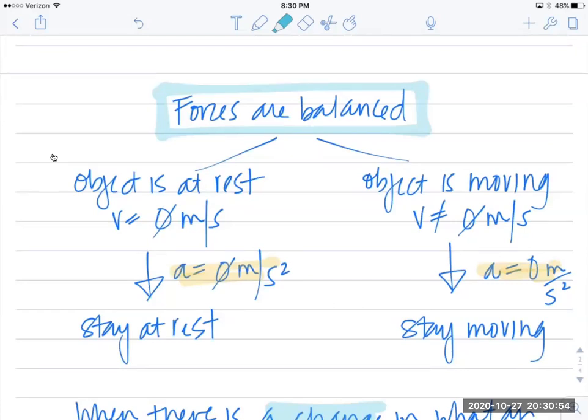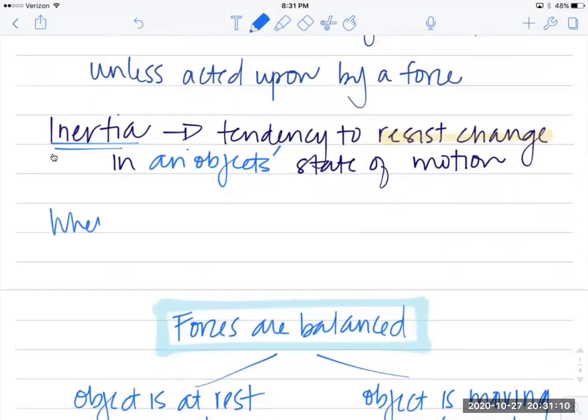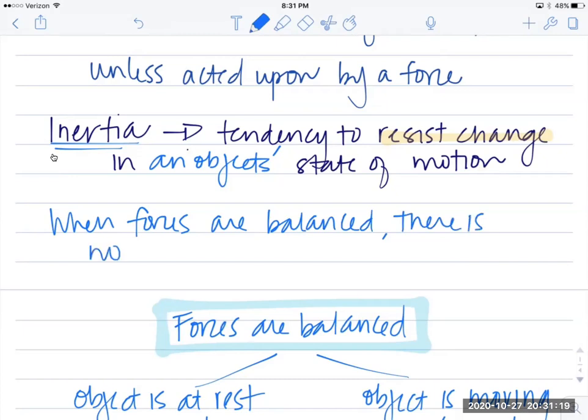When the forces are balanced, objects will remain how they currently are. When forces are balanced, there is no change in the object's motion.